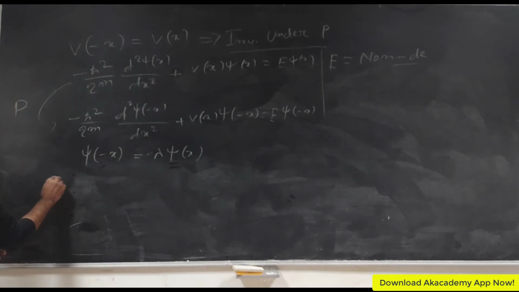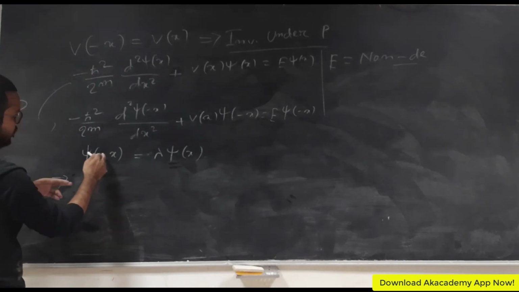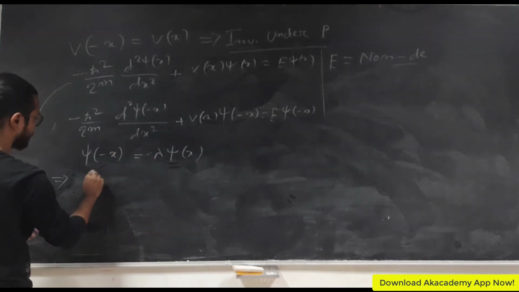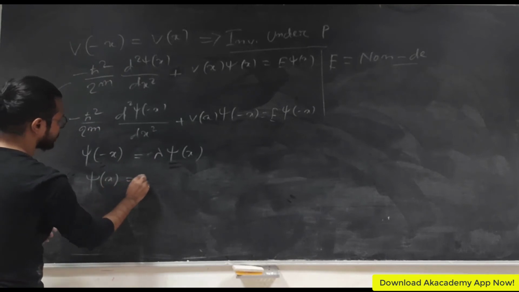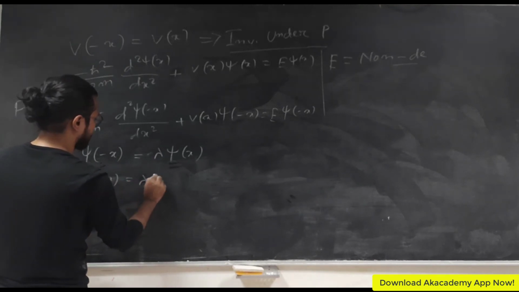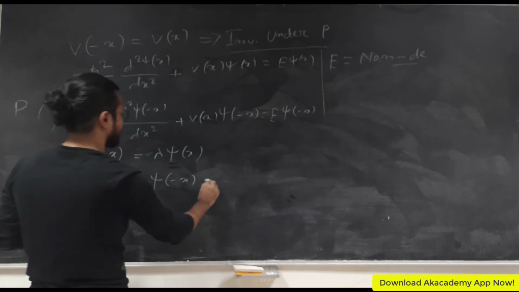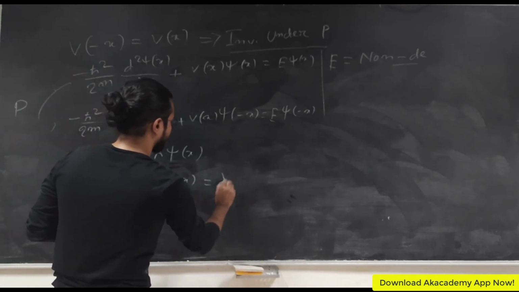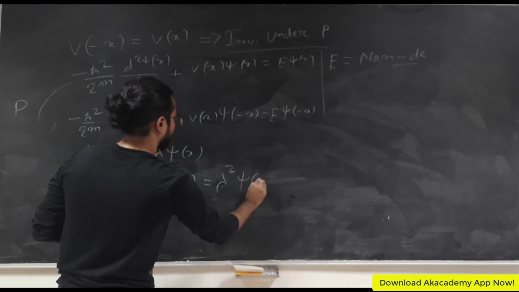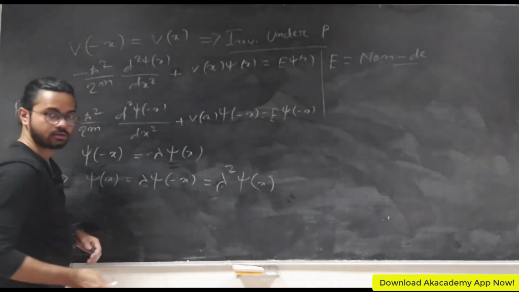So from this we can also say that if we flip the sign on both sides, psi of x is equal to lambda psi of minus x. Now psi of minus x is this, so this is lambda squared psi of x.